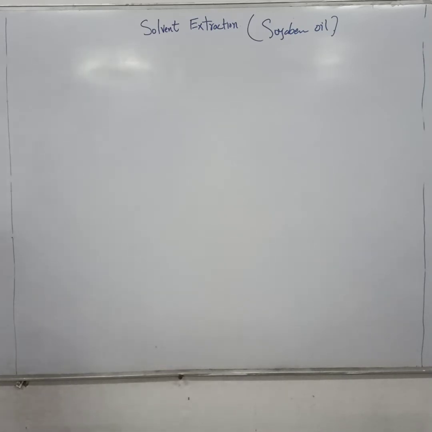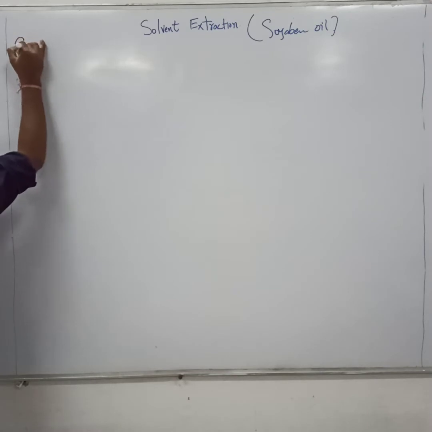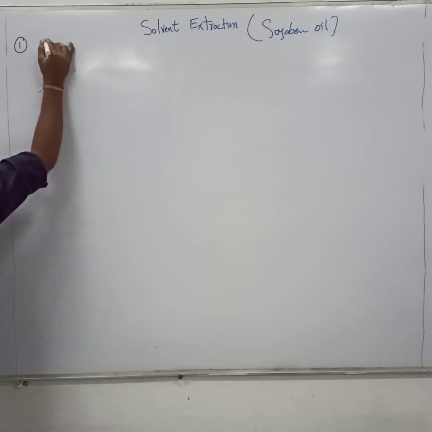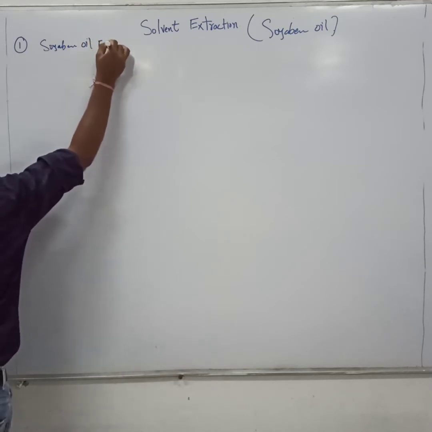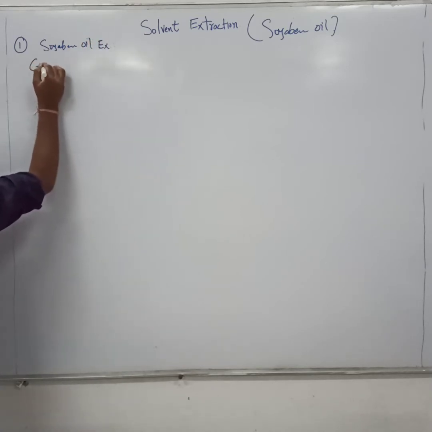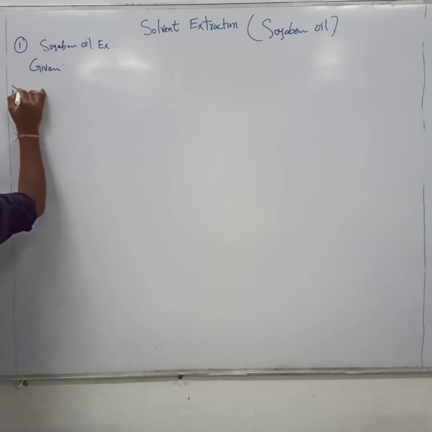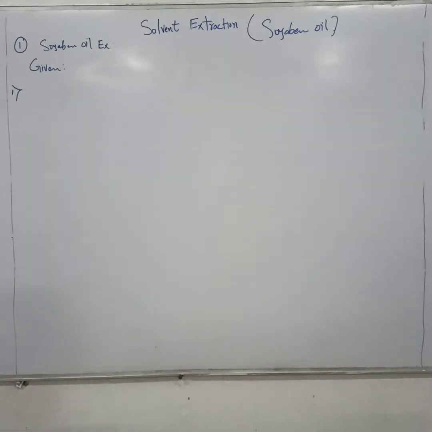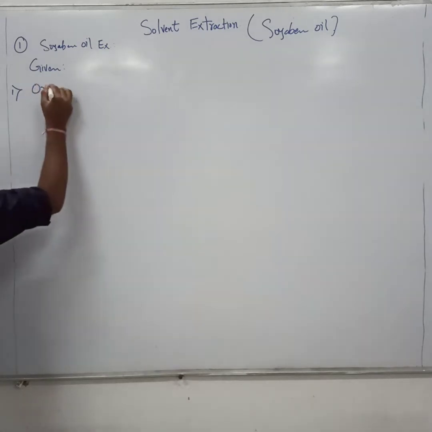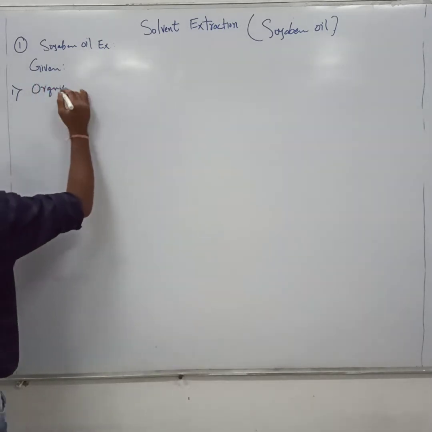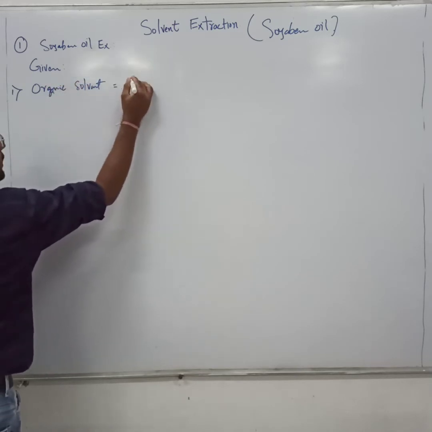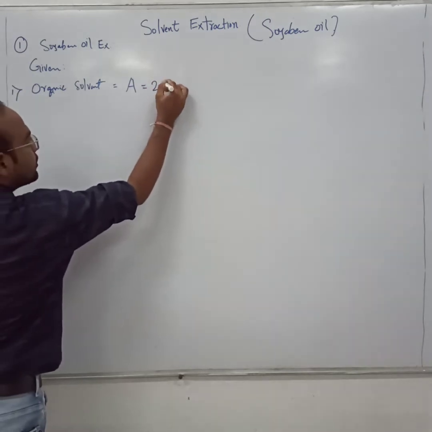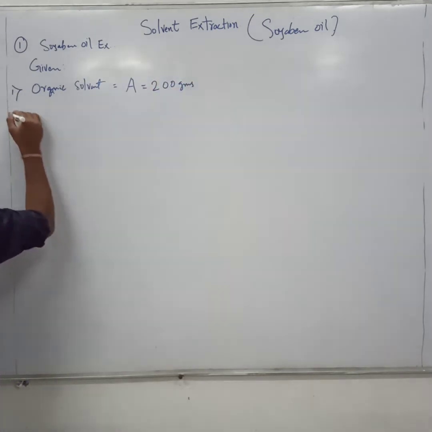So first thing, the numerical of soybean oil extraction. What is given? First is the organic solvent, that is the quantity of organic solvent used, denoted by capital A, 200 grams.